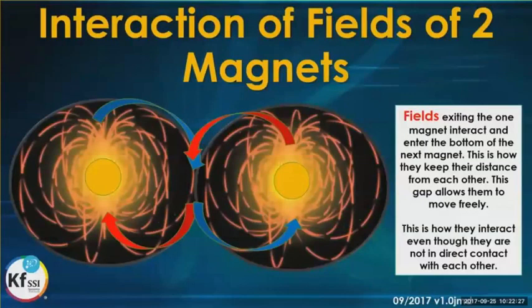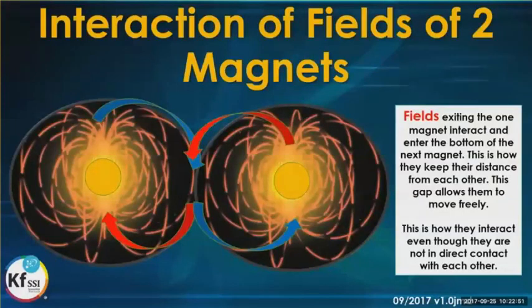What we're essentially having is the interaction of the fields of 2 magnets. And the fields exiting the one magnet interact and go into the bottom of the next magnet. And this is how they keep the distance from each other. This gap allows them to move freely. They're still connected and find their position, but this is how they interact with each other, through these fields.